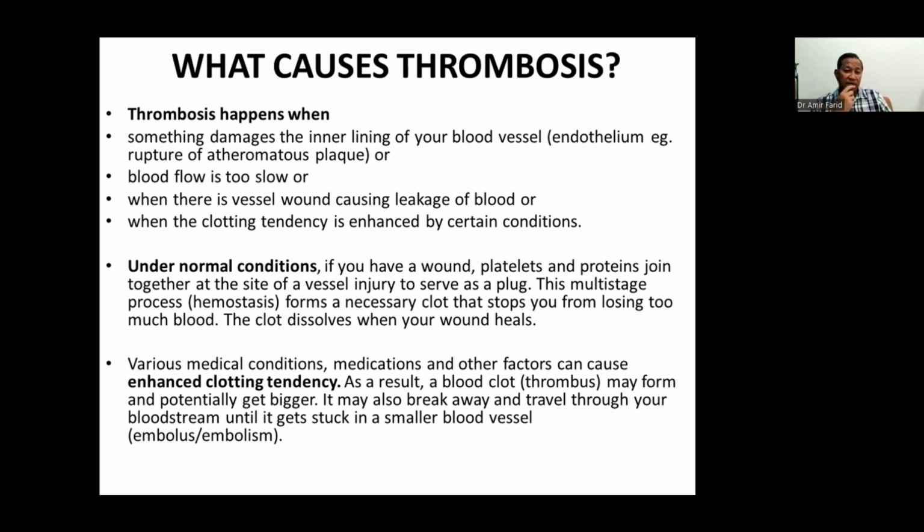Or when the blood flow is too slow and the tendency to induce clotting is high, or when there is a vessel wound causing leakage of blood that triggers the blood clotting mechanism, or when the clotting tendency is enhanced by certain conditions, right? Either diseases or drugs.